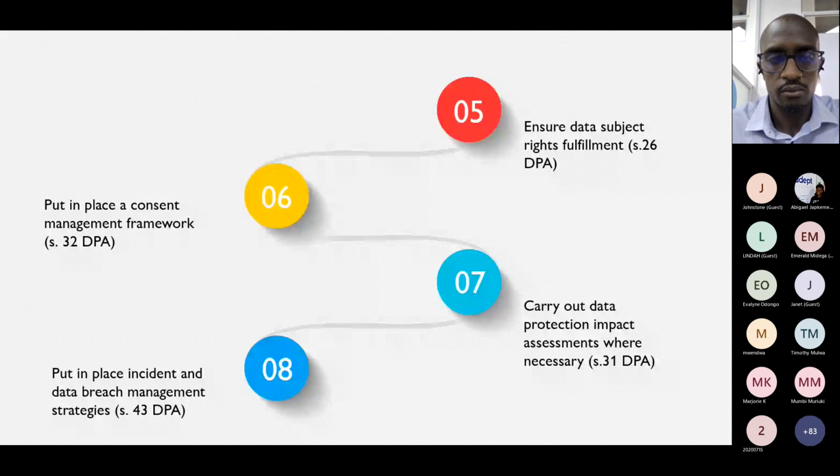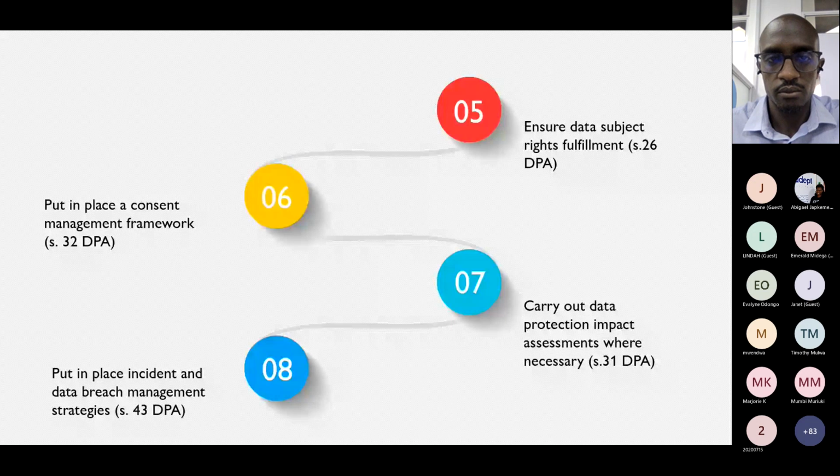Just the same way as when you are ensuring data subject rights fulfillment, your chief information officer will have put in place mechanisms like identity and access management. So the data protection officer or the data protection team does not operate in a silo. They have to collaborate with other people within other departments or groups within the organization.